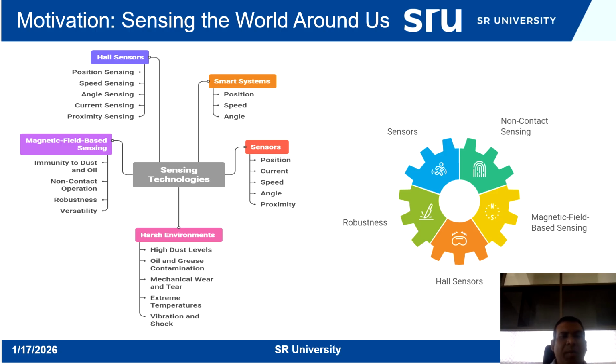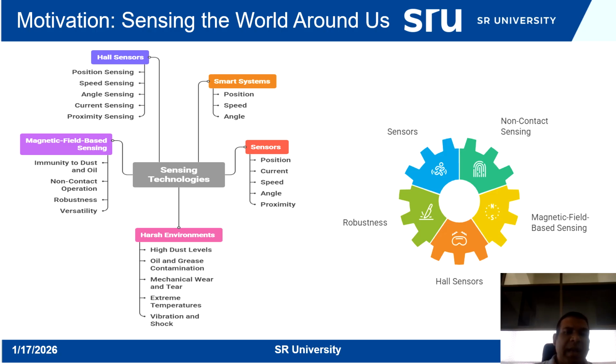To overcome such problems, the concept of magnetic sensors is very useful. Magnetic field based sensing is immune to dust, oil and mechanical wear. It offers a compelling solution for applications requiring non-contact and robust sensing.